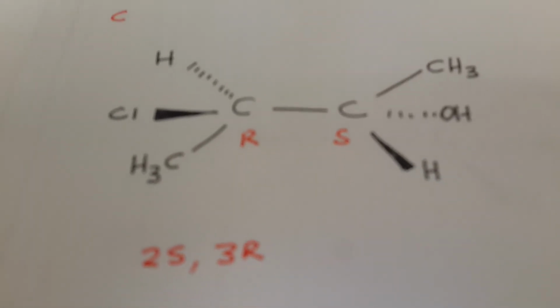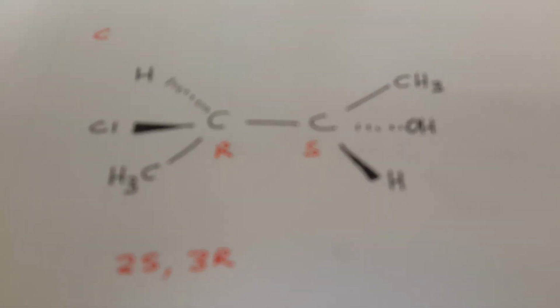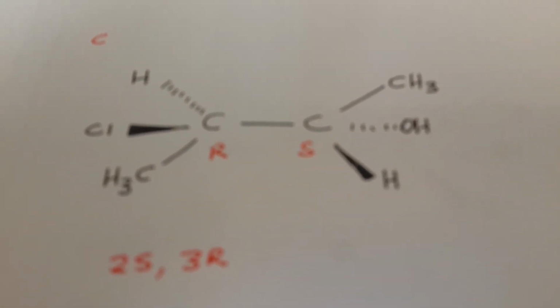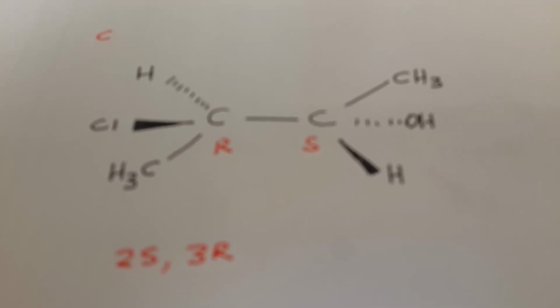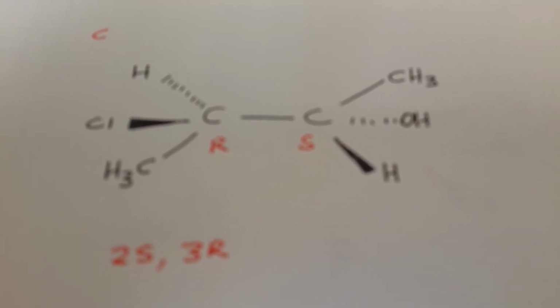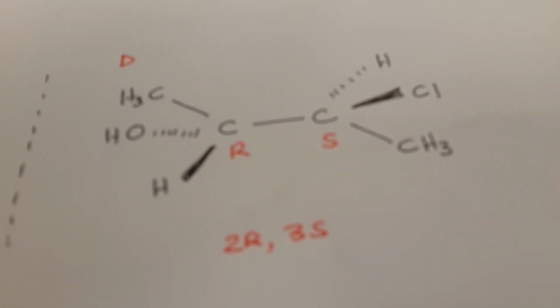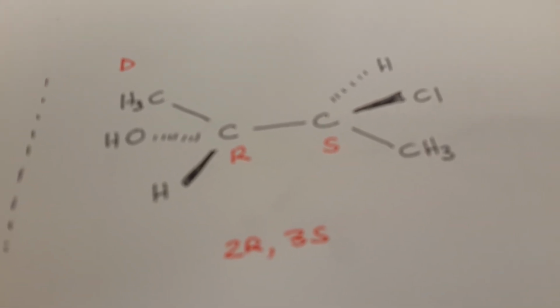And if I go down, the carbon with the hydroxy here is now S, so this will be 2S because that's carbon number 2. 2S3R, carbon with the hydroxy S, and carbon with the chlorine R, and finally the carbon with the hydroxy R, so 2R, and the chloro S, 3S.